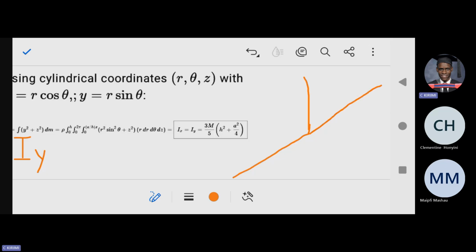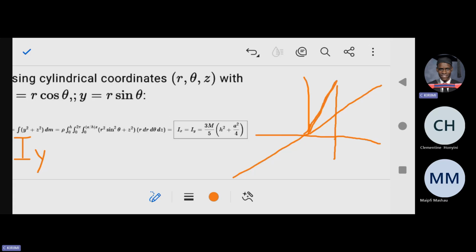This is the x, this is the y, and the radius is anywhere along the end. This is the component of the radius. That radius has moved a certain distance in the x, and a certain distance in the y.